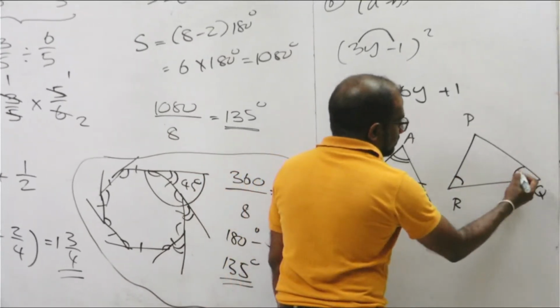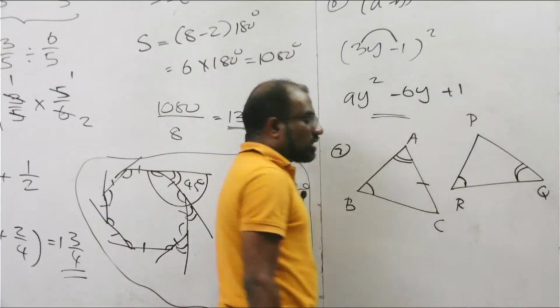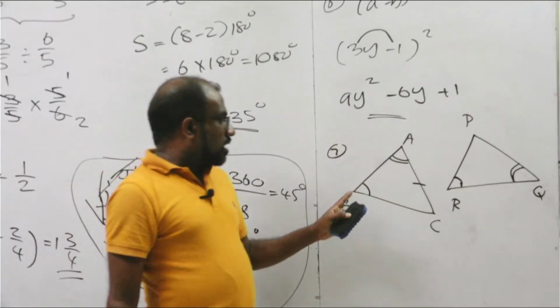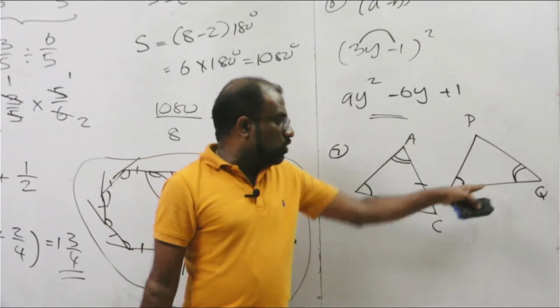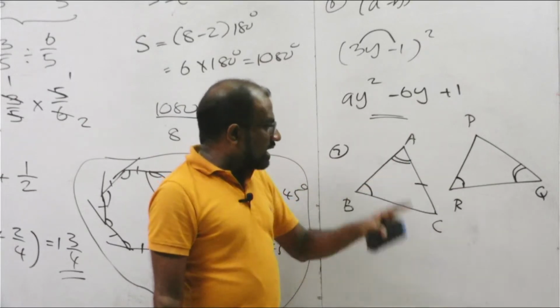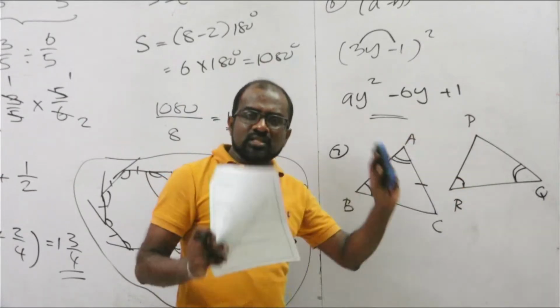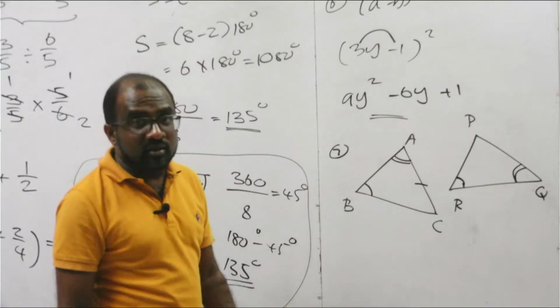Angle BAC is equal to angle PQR. Angle ABC is equal to angle PRQ. So the angles are already equal. There is no problem with that.